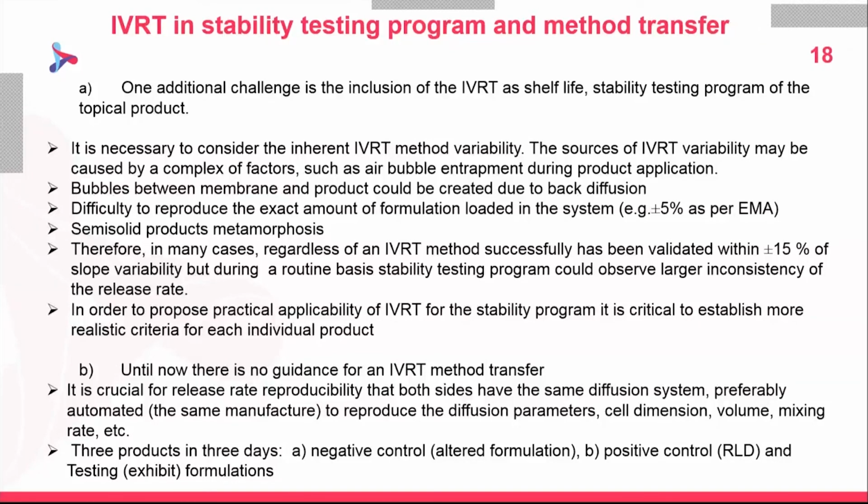A method transfer protocol could be designed as follows: 3 products in 3 different ways. Negative control, which is an altered formulation. Positive control could be the R&D and test formulation. Both sides of the IVRT data should meet their pass criterion. The difference between testing slopes should be less than 5 or 10%.